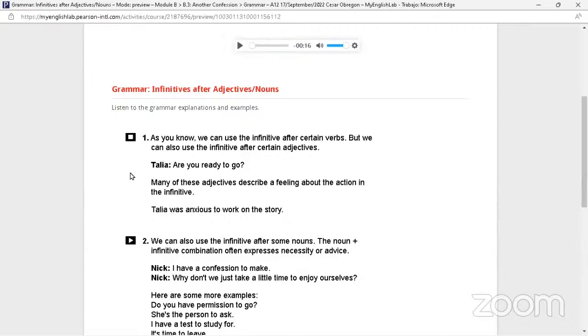As you know, we can use the infinitive after certain verbs, but we can also use the infinitive after certain adjectives. Are you ready to go? Many of these adjectives describe a feeling about the action in the infinitive. Talia was anxious to work on the story.